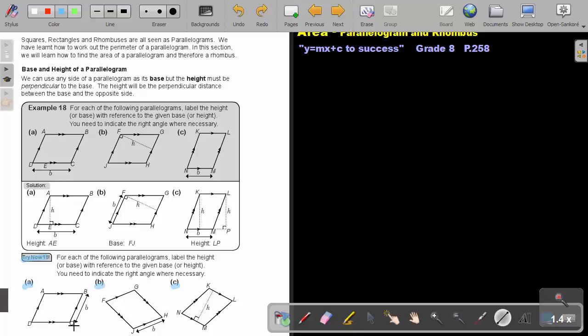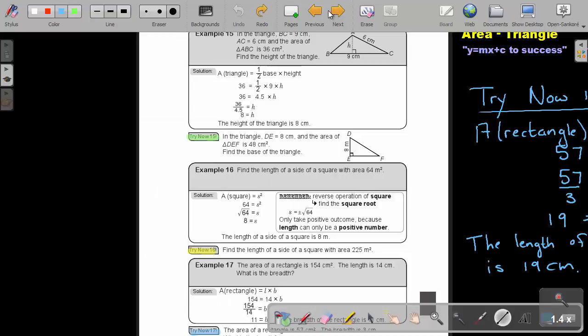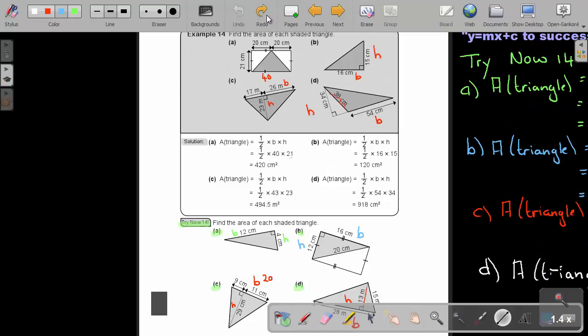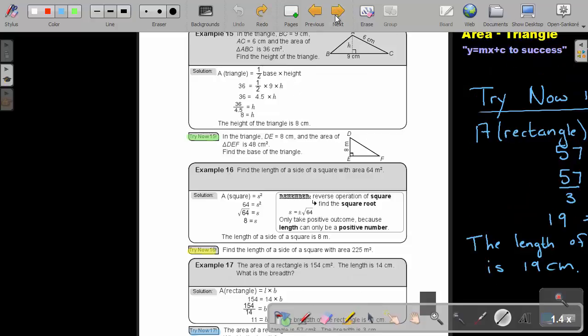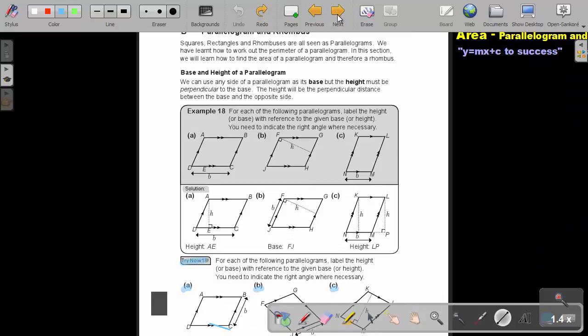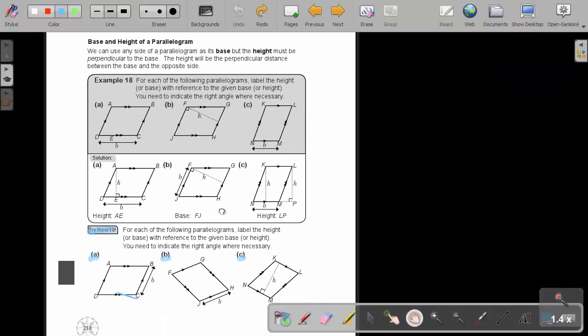Now, there is the base. So there are the two parallel sides. So this height will be from this corner. Let's redo. Okay, here we are back.